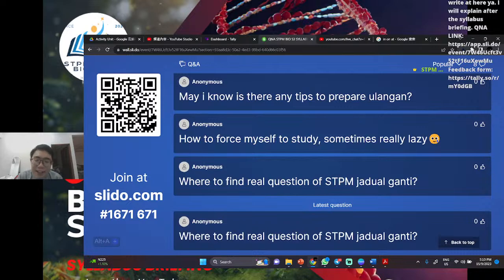So if anyone wants to share, you can share in the group, because this one is only for people who took the exam because of COVID, so only they can get the exam paper. If somebody here is that person and got the question paper, you can share it in the group so it can benefit all STPM candidates.